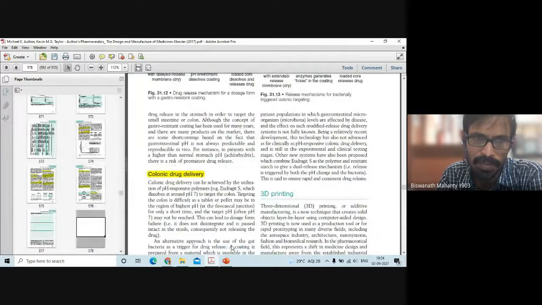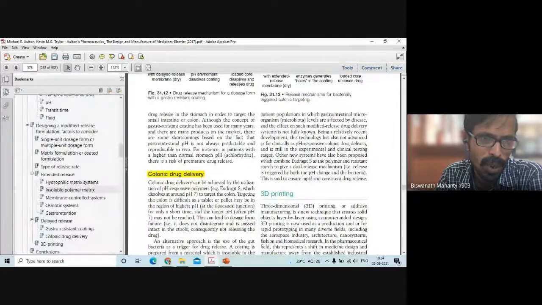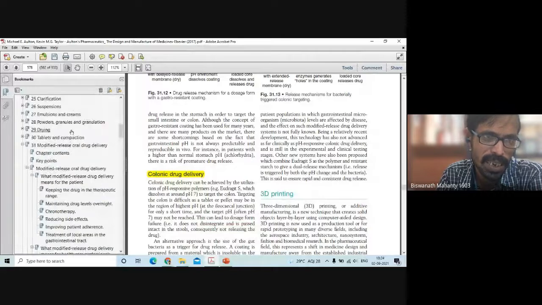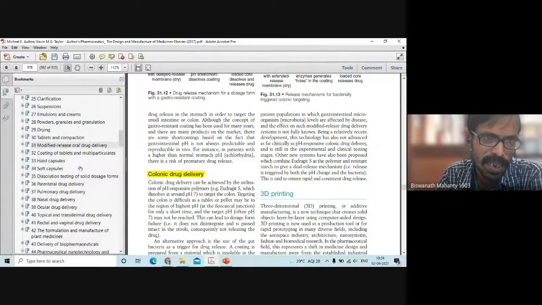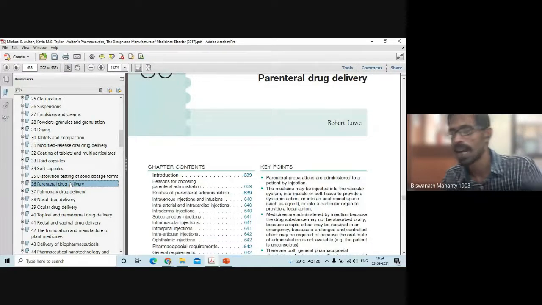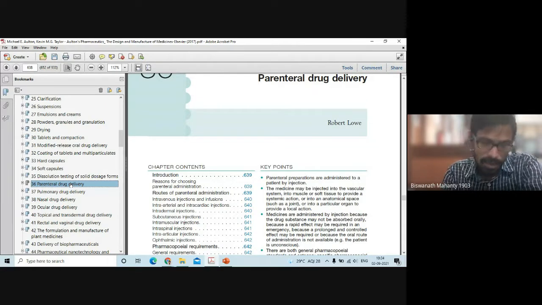And now, I'll show you what we are going to discuss today. Basically, we'll be primarily discussing parenteral drug delivery systems. We have already learned about capsules, tablets, and sustained release tablets or capsules.